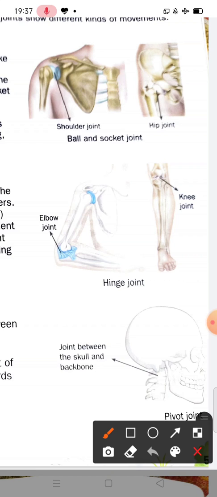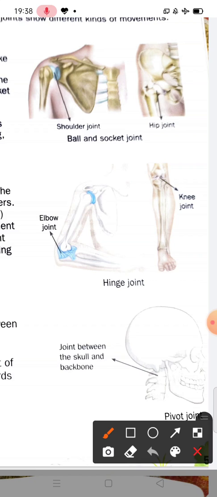It is like a hinge, a metal clip on a door. When you open the door, this hinge or metal clip allows movement in one direction only, and the joint allows movement like bending the elbow.